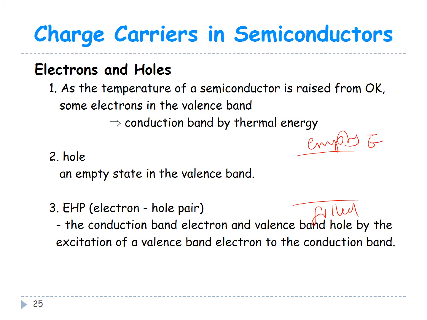So this is EC, this is EV. But as the temperature of the semiconductor is raised, some electrons are excited to the conduction band, leaving behind holes. So we call this thermal excitation.